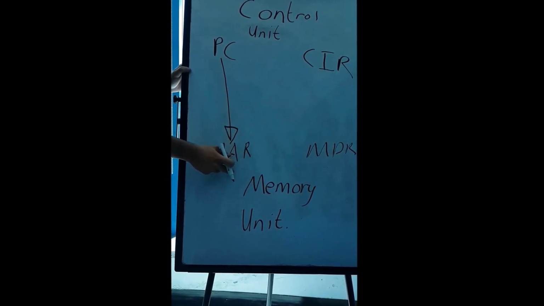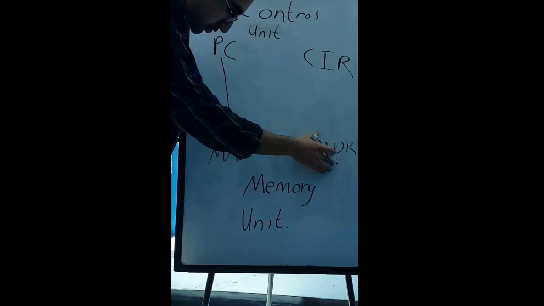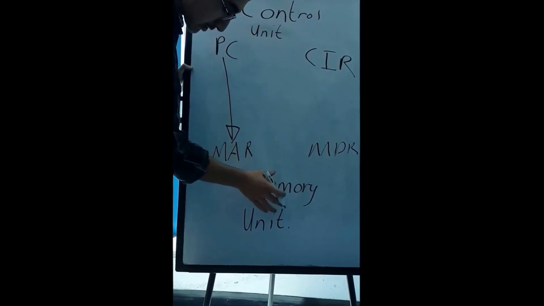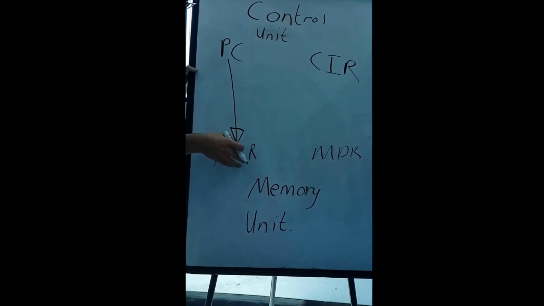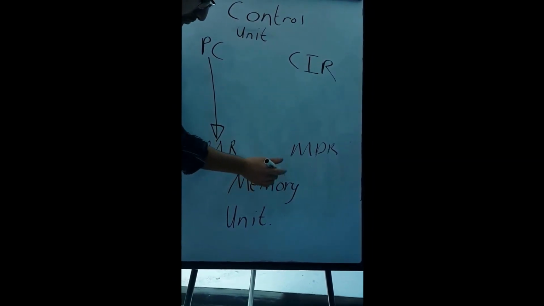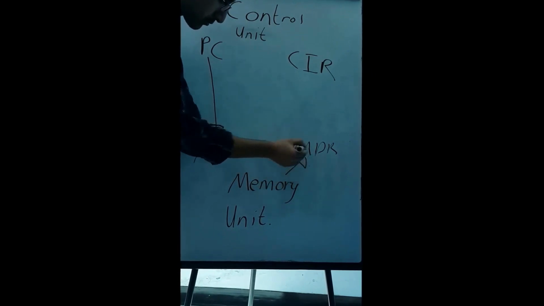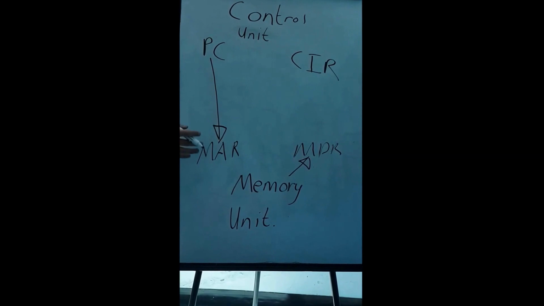The memory unit will then get the instruction stored in that address. So the address will point to a certain partition, and then the contents of that partition will be copied to the memory data register. So now we have the instruction stored in the memory data register.